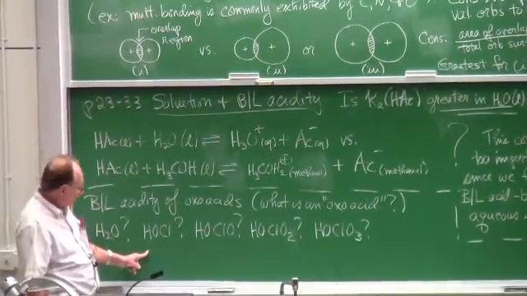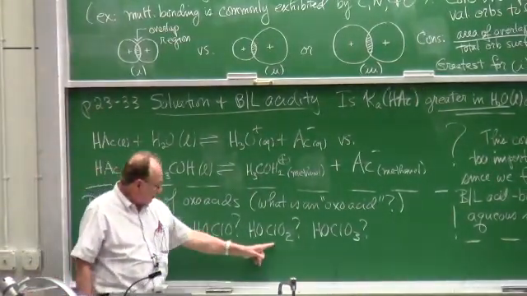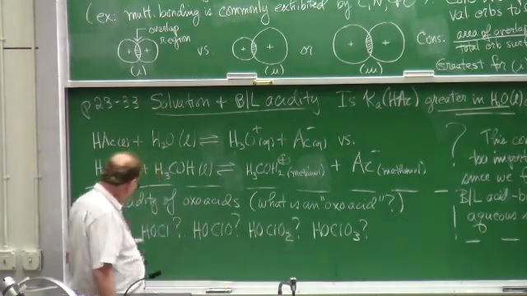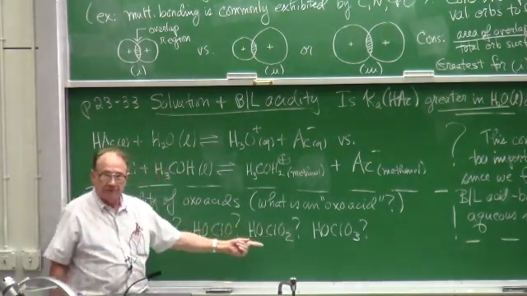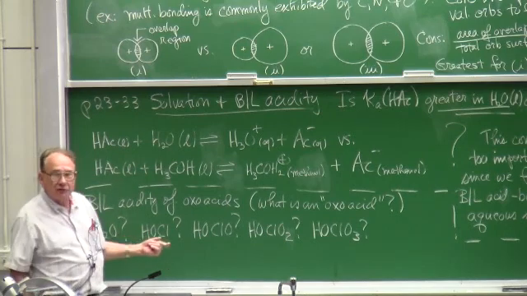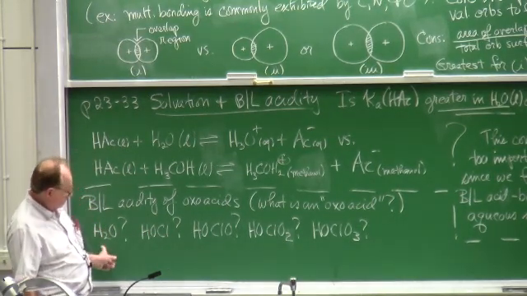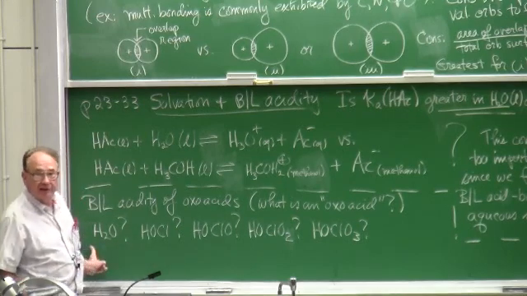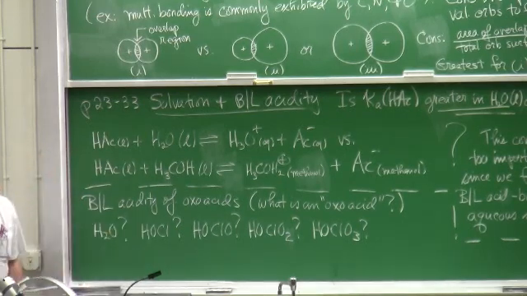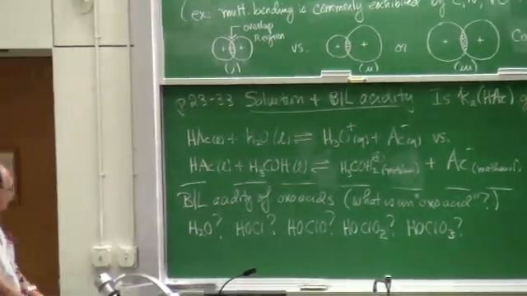Hypochlorous acid, HOCl, HOClO, HOClO2, HOClO3. Here's a whole series of oxygen-containing acids. Which of these molecules would be classified as an oxoacid?